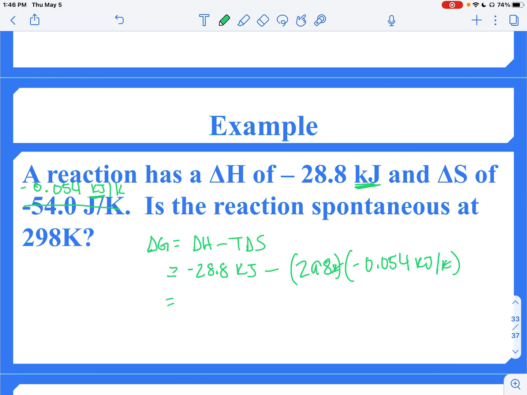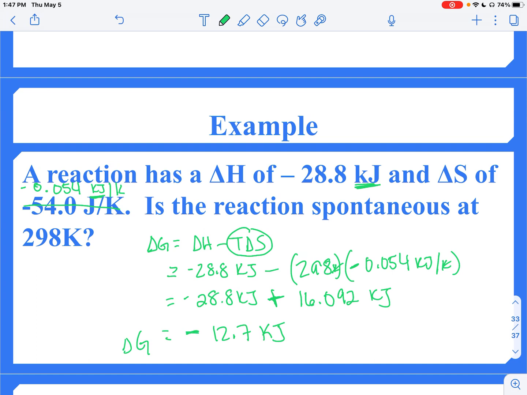You have to do the T delta S part first. You get negative 28.8 kilojoules minus, plus, because it's minus a negative, plus 16.092 kilojoules. That comes out to negative 12.7 kilojoules for delta G.